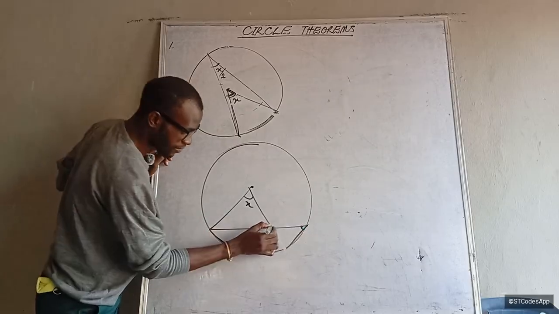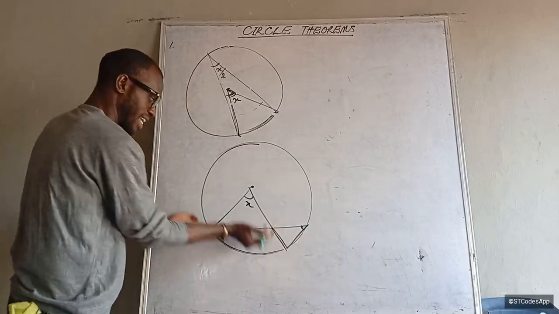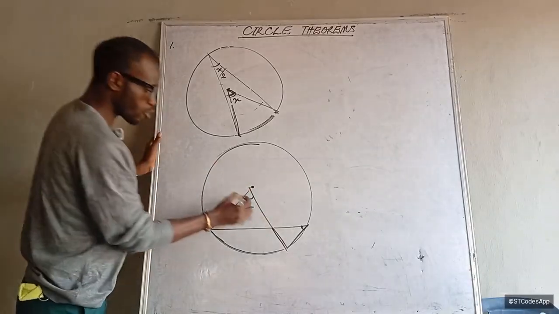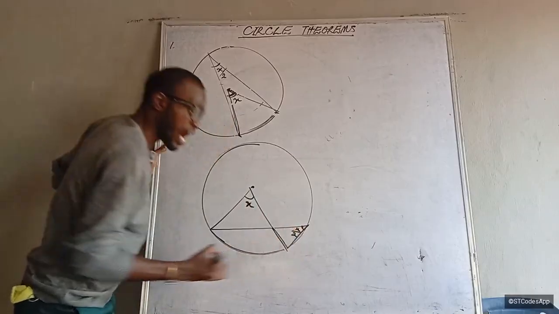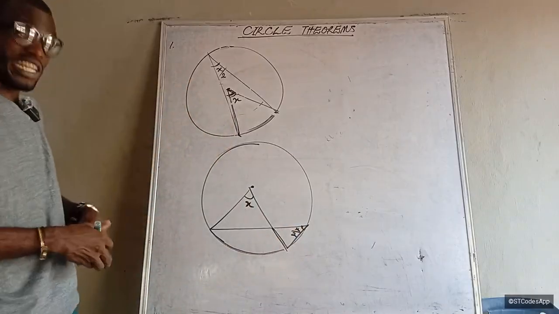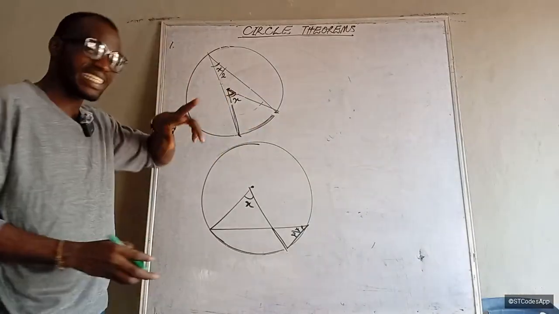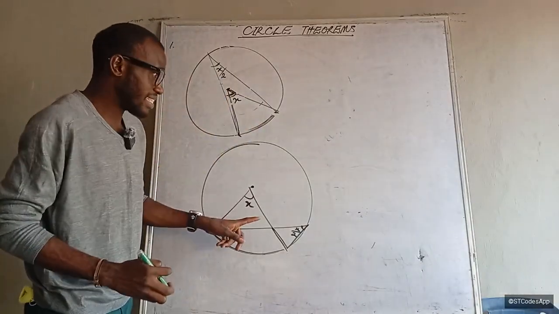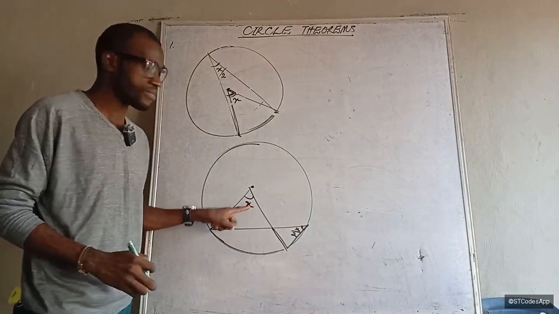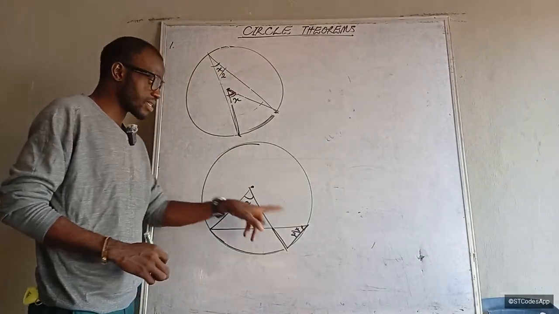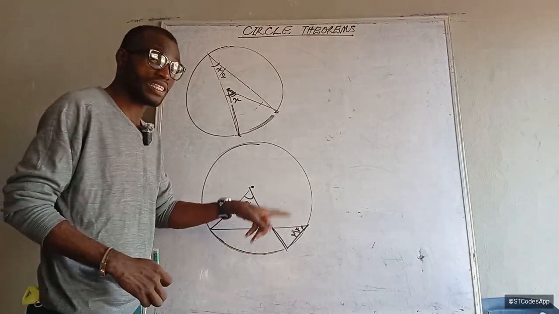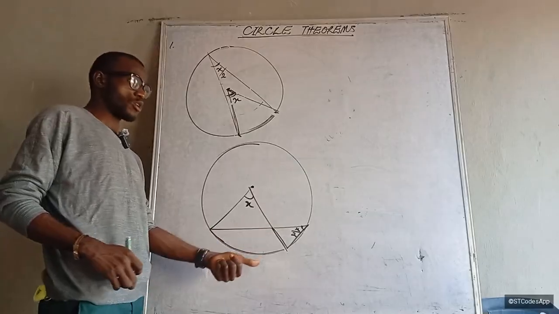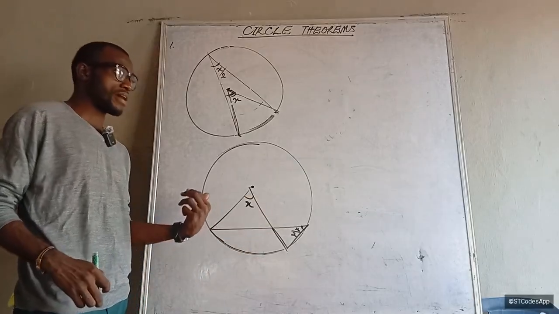Do you understand? And it's the same arc that subtended an angle here at the center. So if x is here, then here at the circumference is x over 2. So another way to restate that axiom is that the angle subtended at the circumference is half of that subtended at the center by the arc.